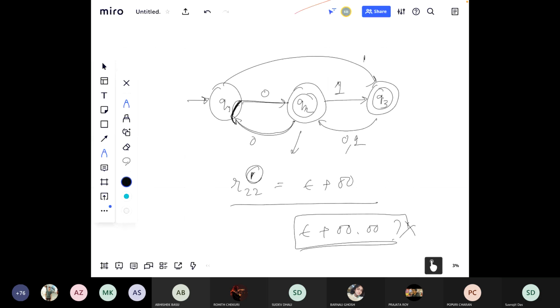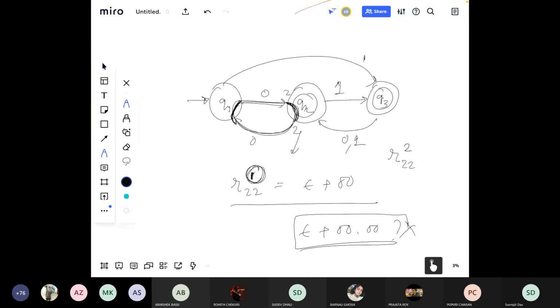So you start at 2 and end at 2 on a 0 0. If you have to get two more zeros, you need to cut through 2. You are not allowed to go through 2 when calculating R2 to 1. If you were allowed to go through 2, then you would be calculating R2 to 2.